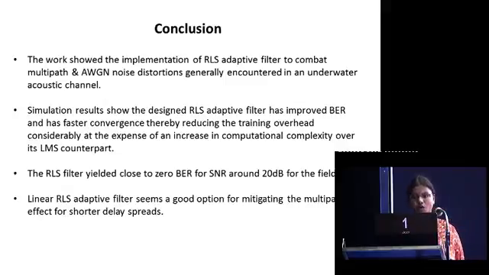Also, compared to the LMS filter, the RLS filter has faster convergence, almost an order of magnitude less than LMS, which will save training overhead considerably, as I have already said. And there are 0 bit errors if we maintain SNR around 20 dB, as shown in the field case. So, this seems to be a good option to neutralize the effects which we generally encounter in underwater acoustic channels.